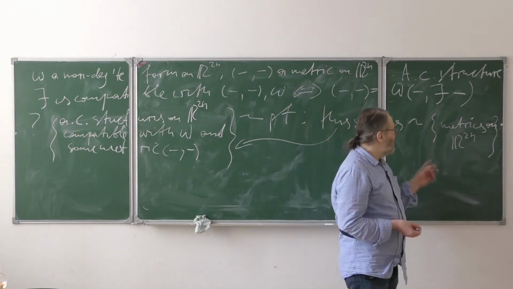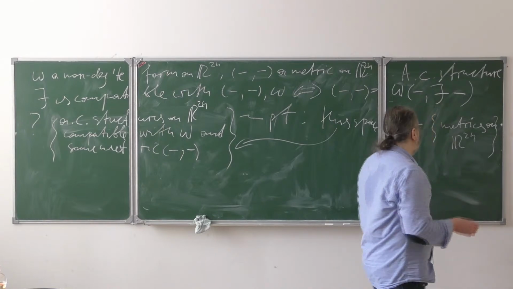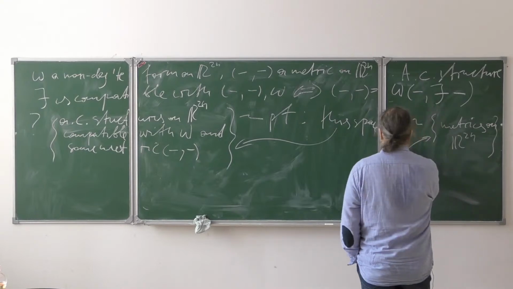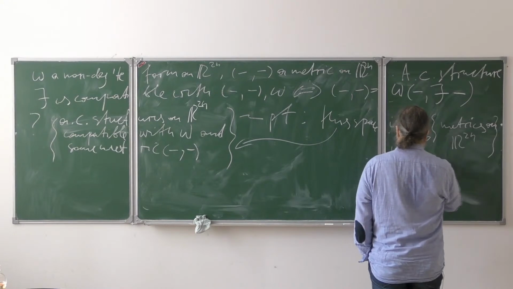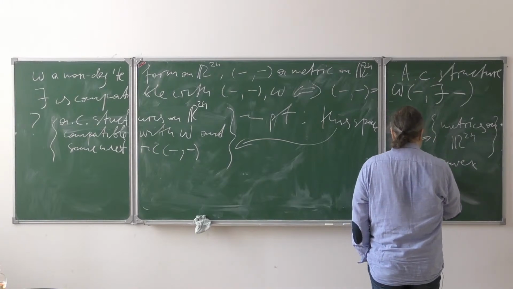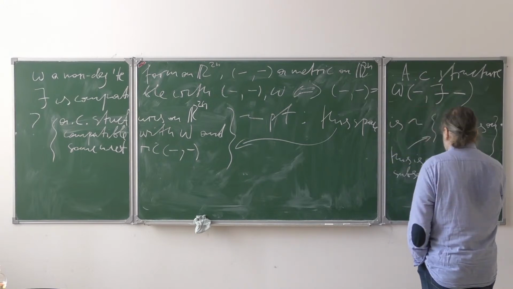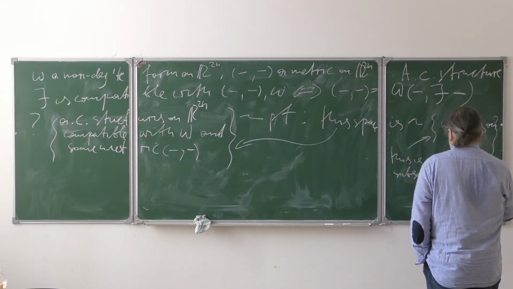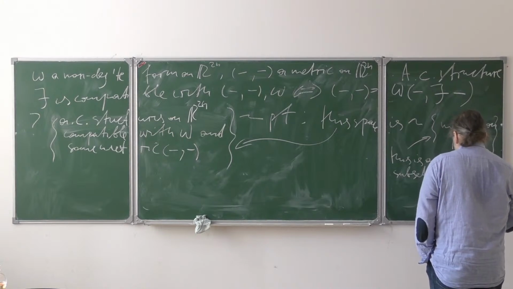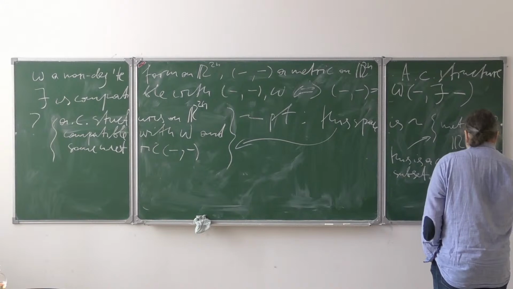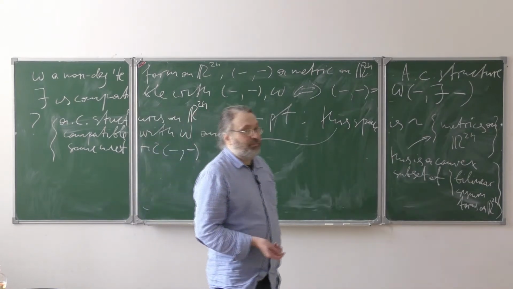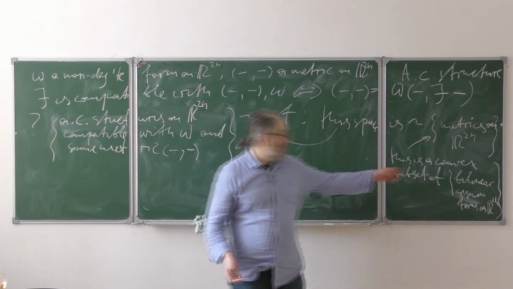Well, the key observation is that the space is a convex subset of the space of all symmetric bilinear forms, which is a vector space.